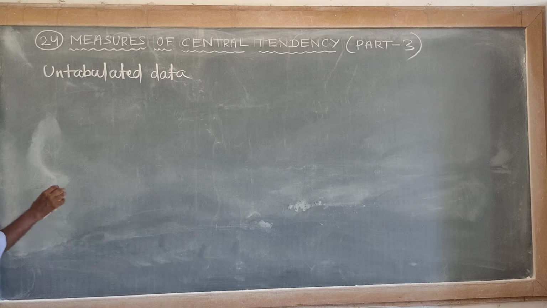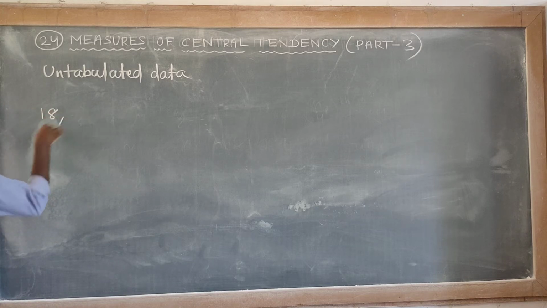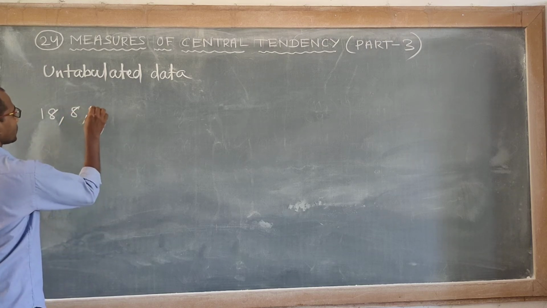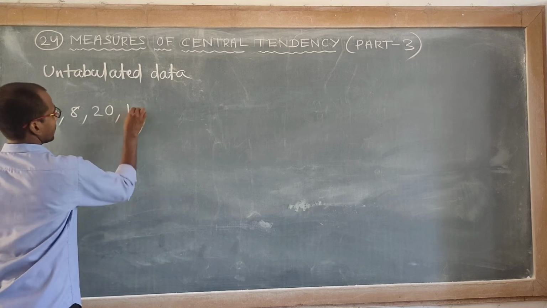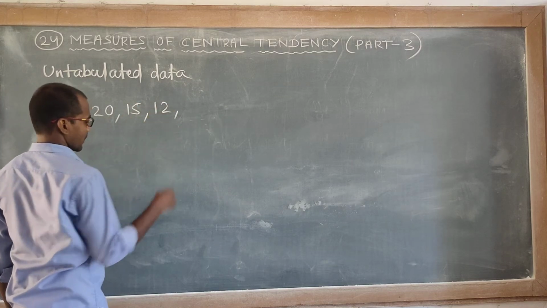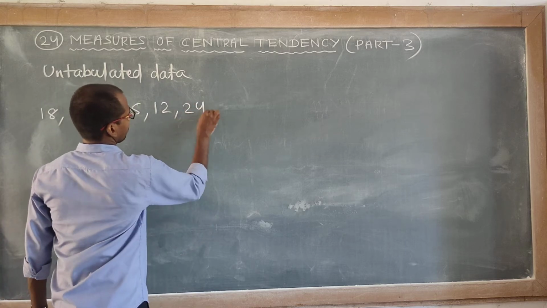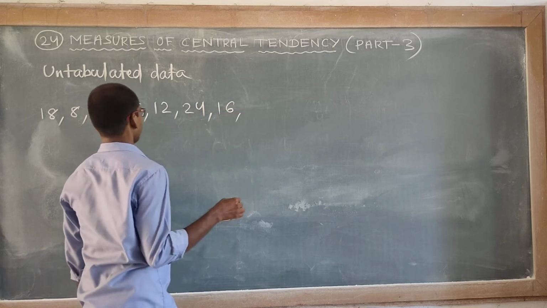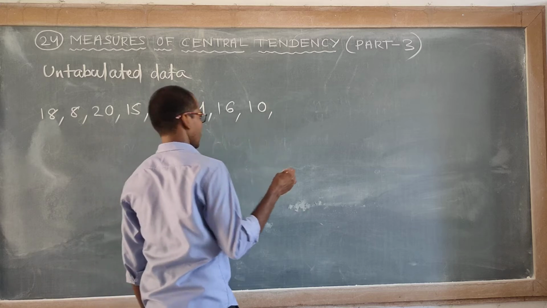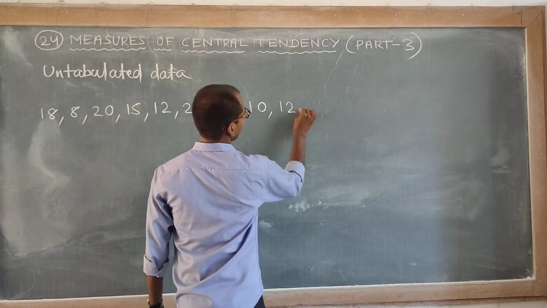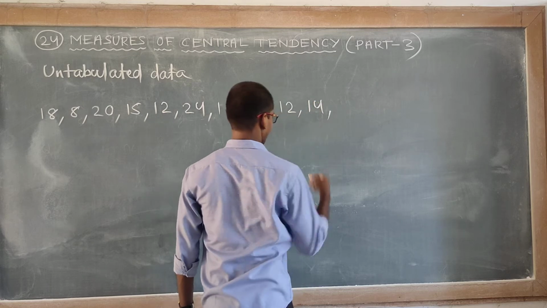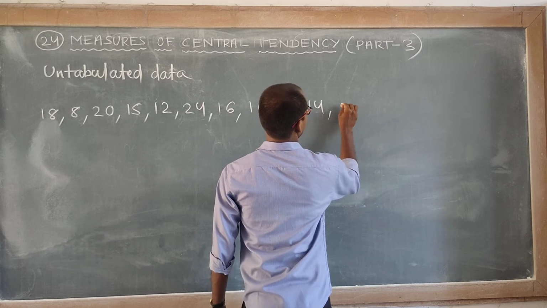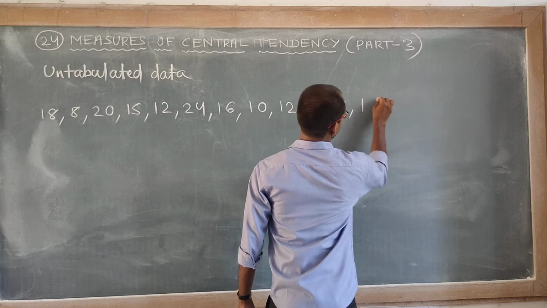Suppose roll number 1 got 18, roll number 2 got 8, 3 got 20, then 15, then 12, 24, 16, 10, 12, 14, then suppose 8, then 16.